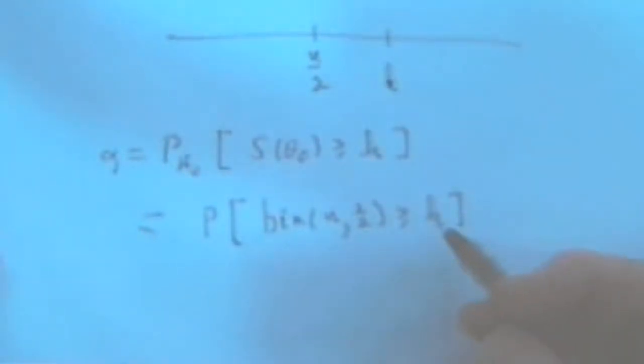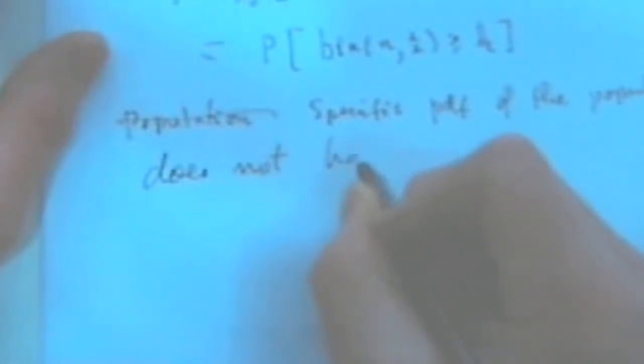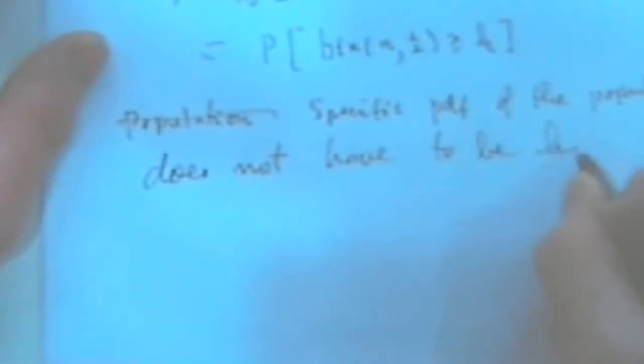And to solve for this K, I don't have to know the specific PDF of the population. We say the sign test is distribution-free.